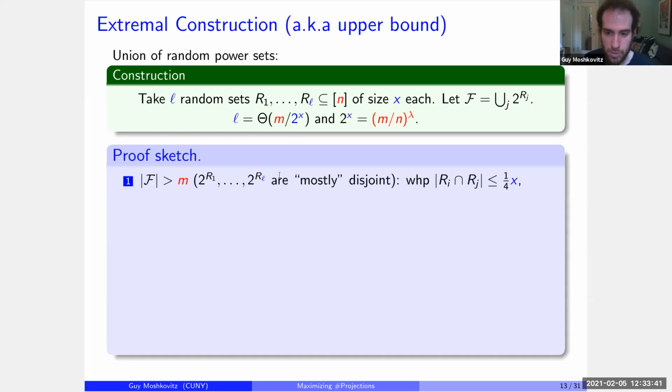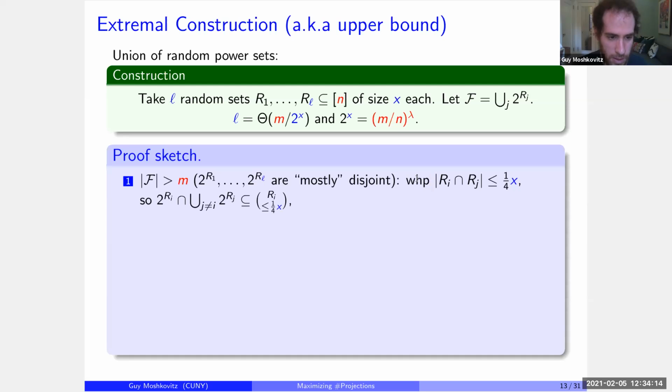So first step is to argue that the sets Ri themselves are completely random, uniformly random of size x. Because x is small enough, their intersection is quite small. This is very standard. So because the random sets Ri are small, if you intersect any two of them, they're going to have a small intersection, actually much less than 1/4 of the size of each.